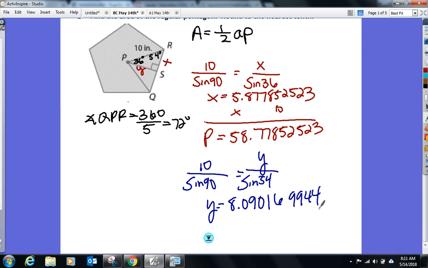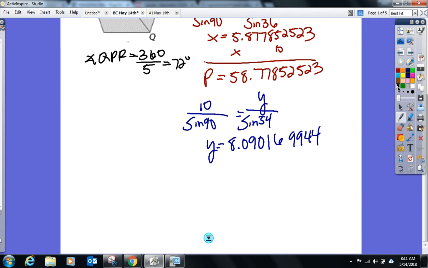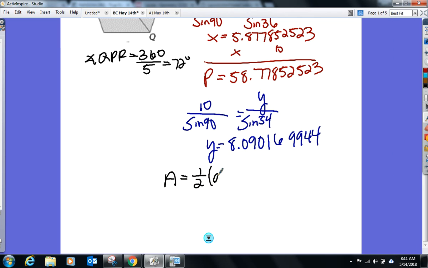We all good there? Now I have enough information to plug into 1/2 AP without rounding anything. There's my apothem. There's my perimeter. And to the nearest tenth, I have 237.8 square inches.